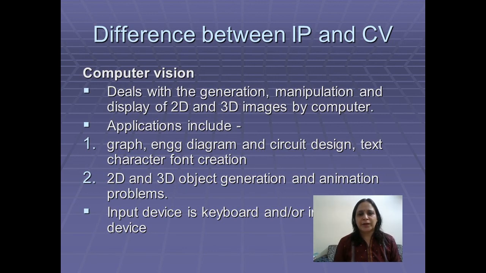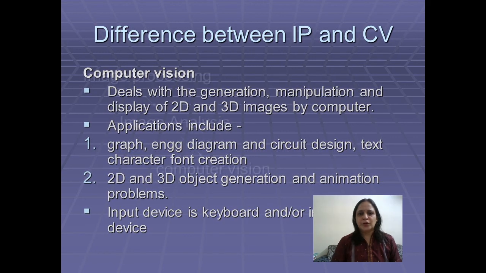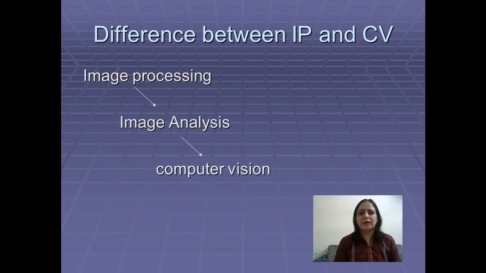So this is a difference between IP and CV. If you add image analysis to image processing, definitely you will get computer vision. There is no clear cut boundary, but definitely there is a speciality of computer vision: it can perform analysis of the image data.